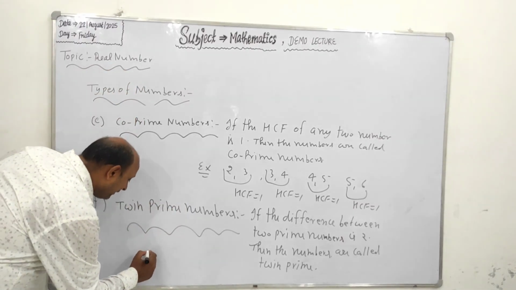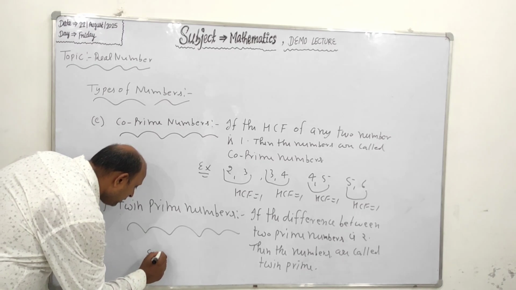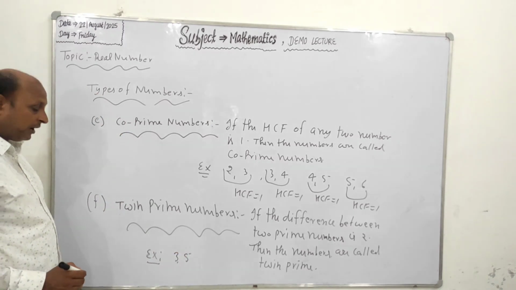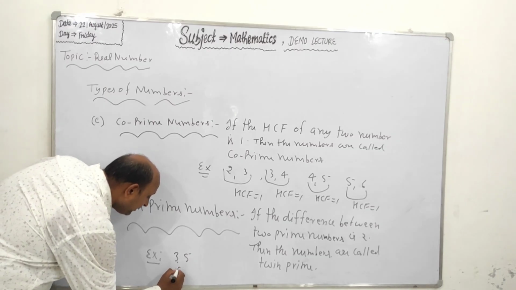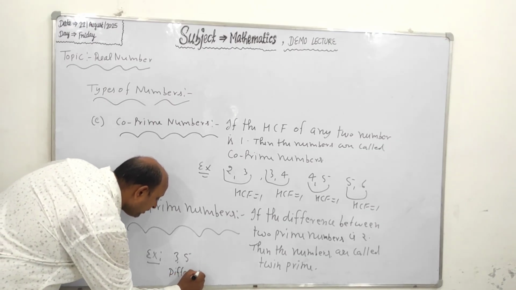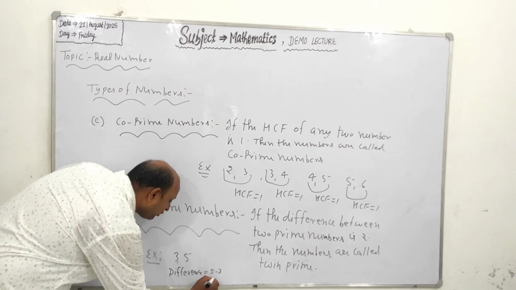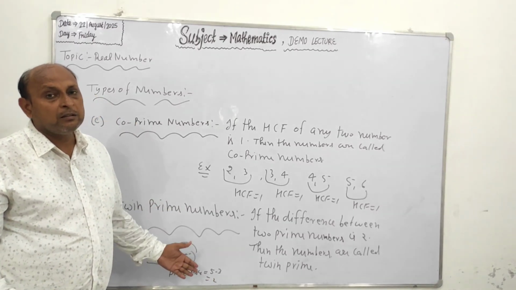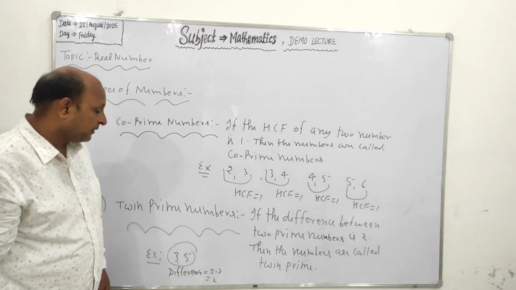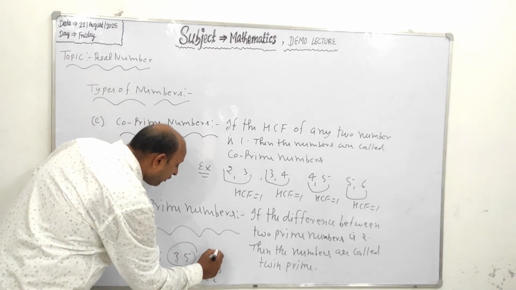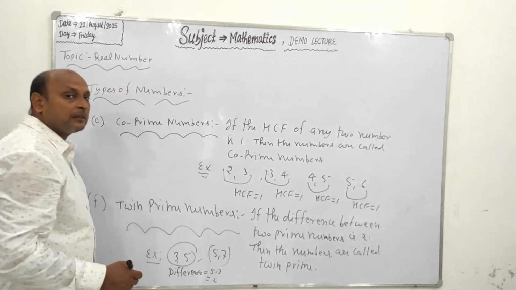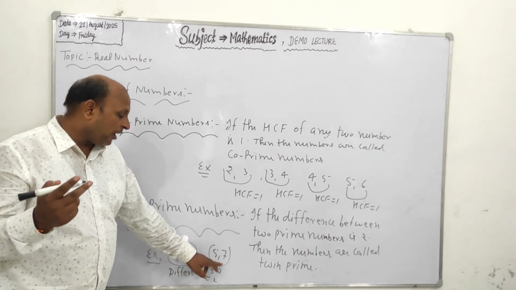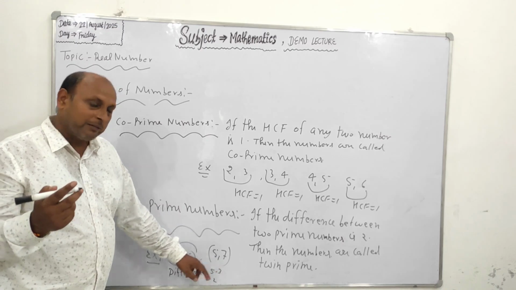Now we take some examples. 3 and 5. Difference: 5 minus 3 is equal to 2. So 3 and 5 are called twin primes. Next pair, 5 and 7. 7 minus 5, answer is 2. So 5 and 7 are called twin prime numbers.